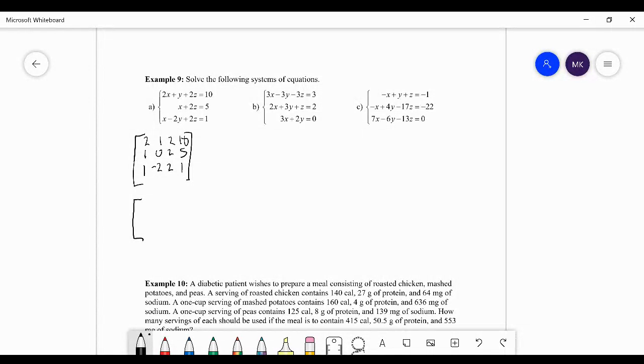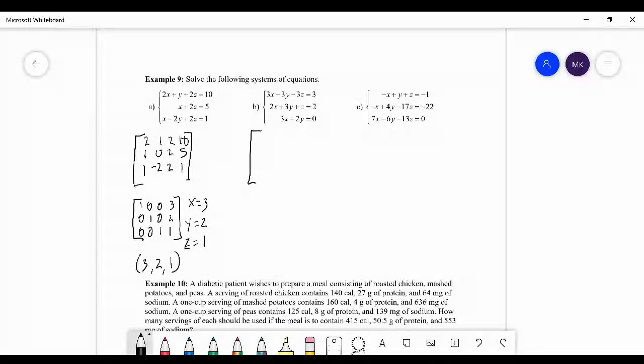And a reduced row echelon form, 3, 2, 1. So we get our solution is x equals 3, y equals 2, z equals 1. And so we get the ordered triple 3, 2, 1. Boom. That's it. That's how easy these are. Well, let's look at our next problem.